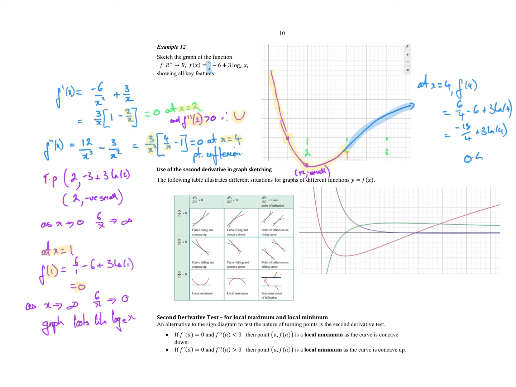Right, so now if I drag my calculator template in, you can sort of see that it's not bad. Key features: concave up all the way through until we get to x equal to 4. At that point, our concavity changes.